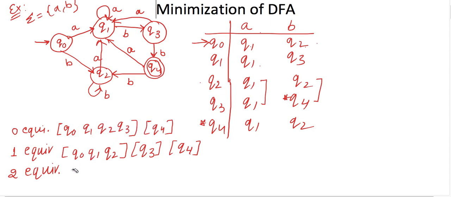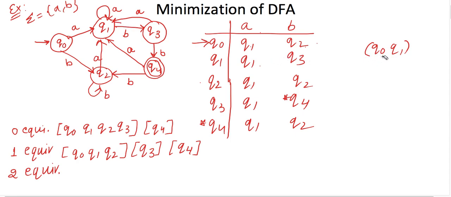You have to check in the previous equivalent for the current equivalent. So for two equivalent, we will be checking in one equivalent. Got it? So now let's check q0 and q1. This I am using just for the convenience of you all.